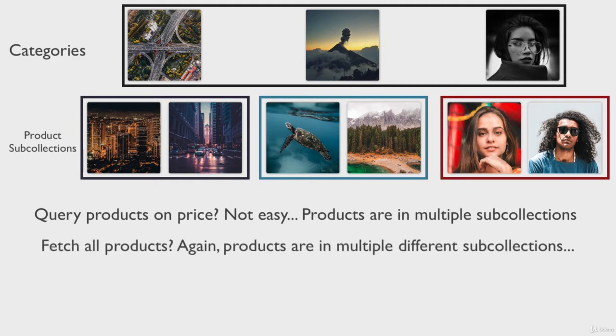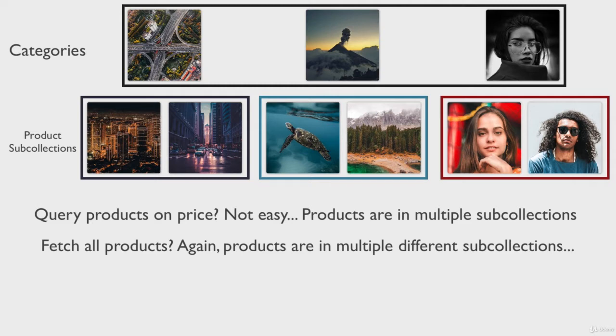Maybe you want to make it so some products are able to apply to multiple categories. These cases would not be easy with placing them as sub-collections to individual documents. You would have to go through each category's sub-collection of products query, fetch the results, do the next query, fetch the results, etc., and then aggregate those results.